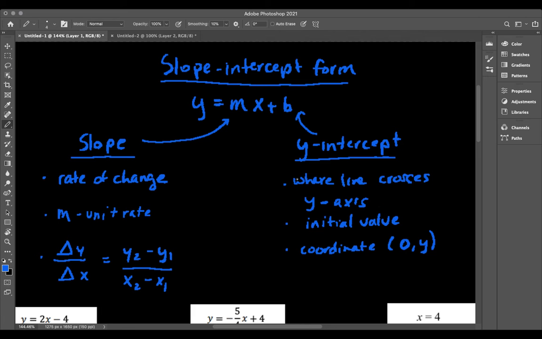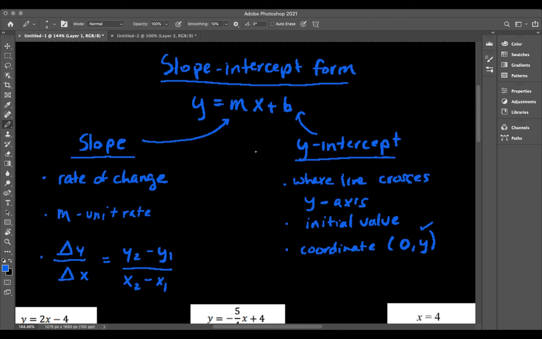Remember that Amazon gift card, we started with $30 and bought coffees till we got to zero. So the initial value of the gift card was $30. That would be the y-intercept. The coordinate point of the y-intercept is always going to be (0, y). The second portion, the y portion, is what we're going to put in for b, and that helps make our equation.